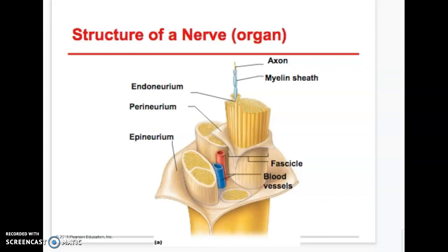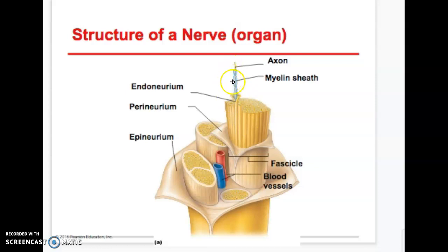So I want to go to the structure of a nerve. I've mentioned that a nerve is a bundle of myelinated axons, but this is going to get into the details a little bit more. So here's an axon and its myelin sheath, and wrapped around that axon and myelin sheath is tissue called the endoneurium.